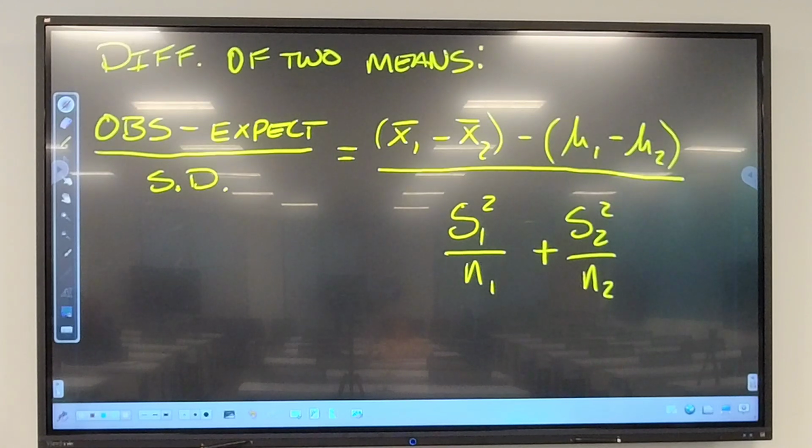Now, standard deviation squared is what? Like I have this written, the standard deviation of the first group squared, but that has another name.